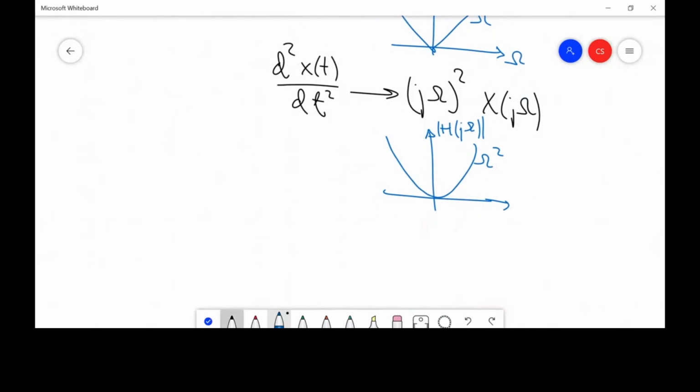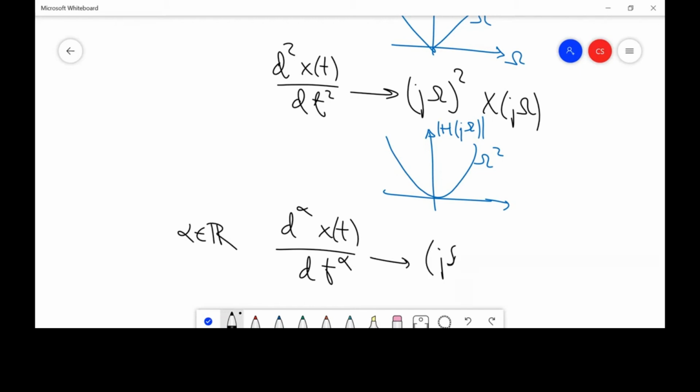If I want to compute the alpha derivative of this function, and alpha can now take any real number that I like, 1.5, 1.2, whatever, all I have to do is multiply by this polynomial. So now I have a fractional calculus. I'm not restricted to the first, second, third derivatives anymore. I can compute derivatives of any degree.